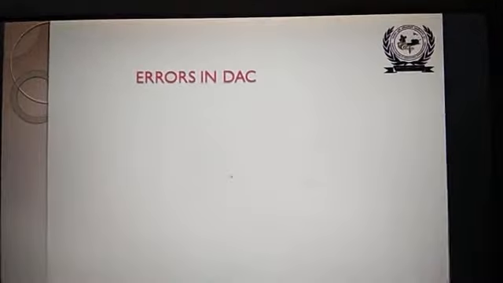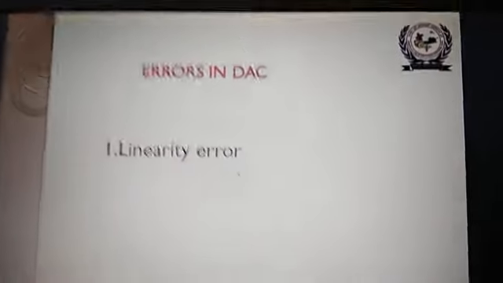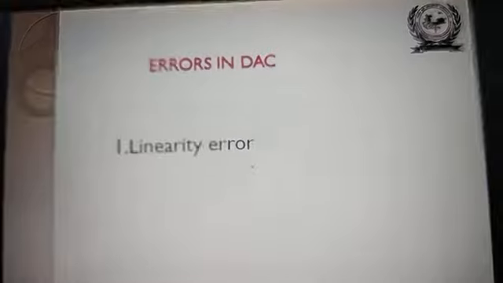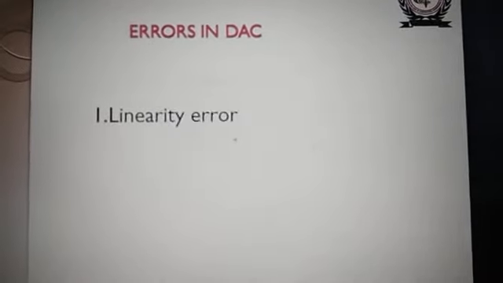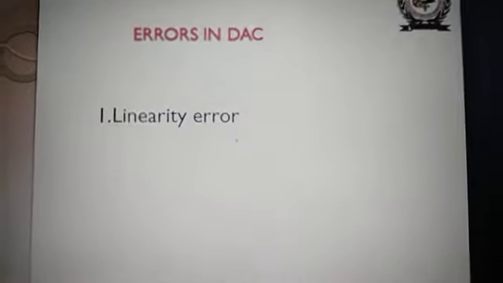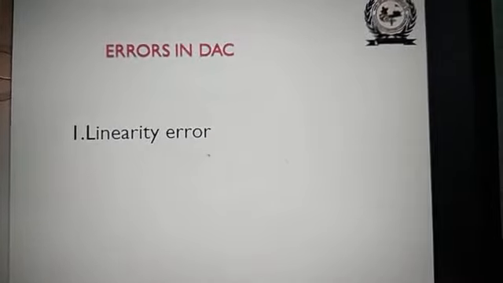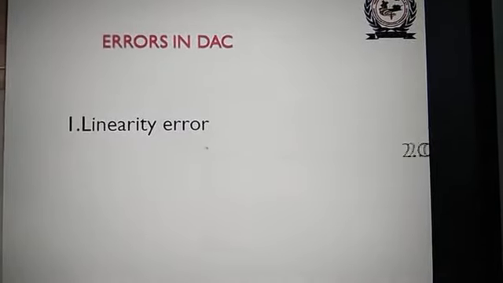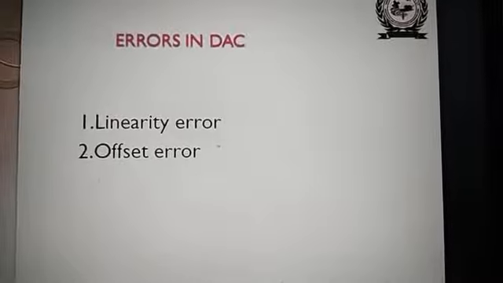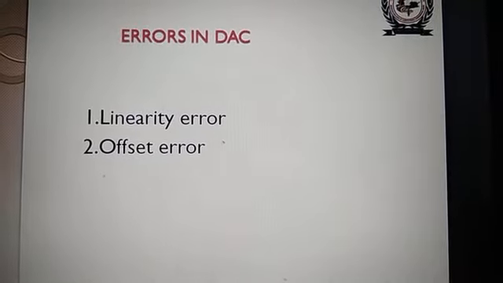Now what are the errors in a digital to analog converter? Number one, most of the time linearity error occurs. Linear output may not be obtained sometimes. So this error is obtained with the DAC. Another is the offset error.